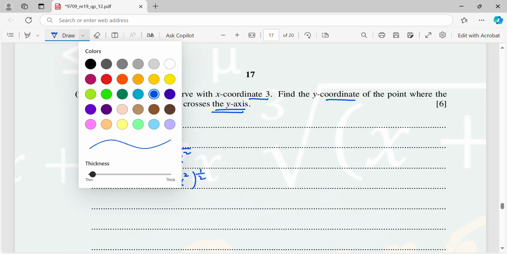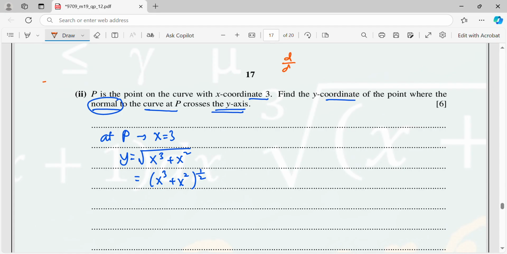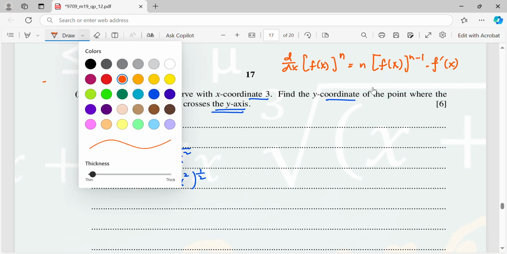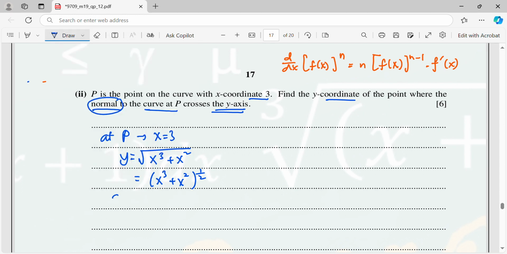When I differentiate f(x) to the power n, that is n times f(x) to the power n minus 1 times f prime x. Okay, that means now here I have to bring down the half for my differentiation. So dy dx equals half bracket x cubed plus x squared.